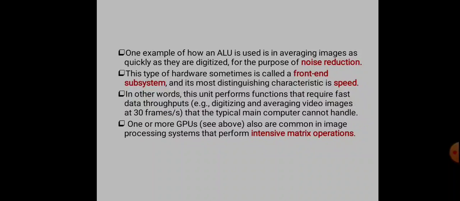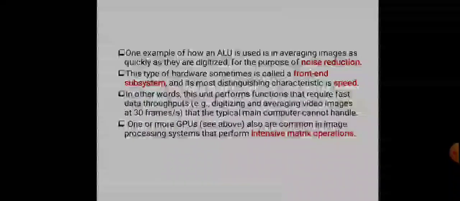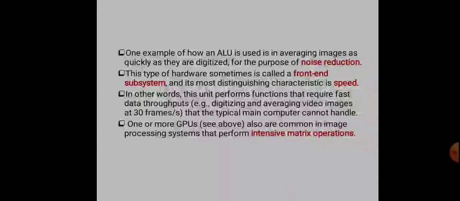If we capture images often, and we are acquiring many images, first you have to digitize them, and after that you have to average them to reduce the noise, correct. The main distinctive characteristic of this hardware is speed, because the processing must be done in a faster manner to get an accurate result and be in time.